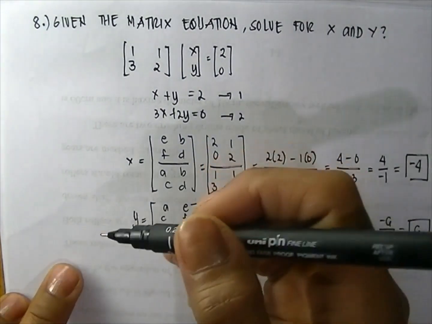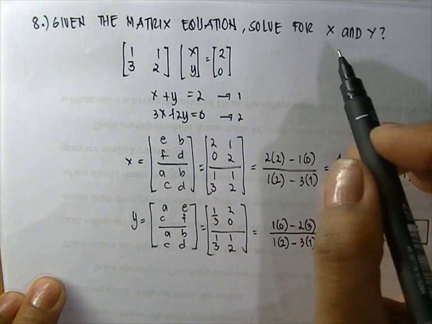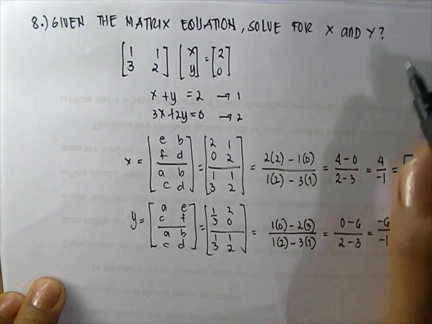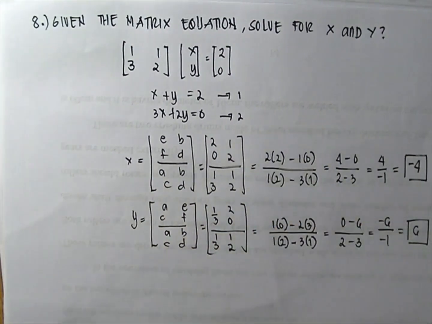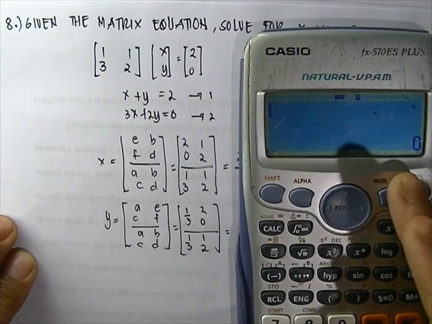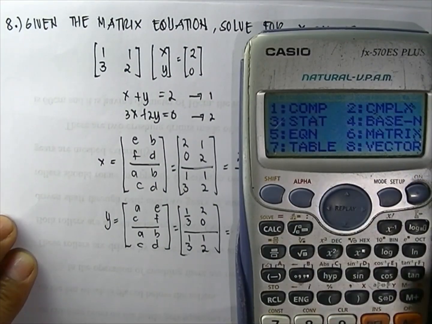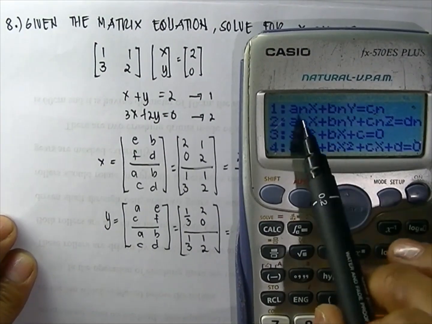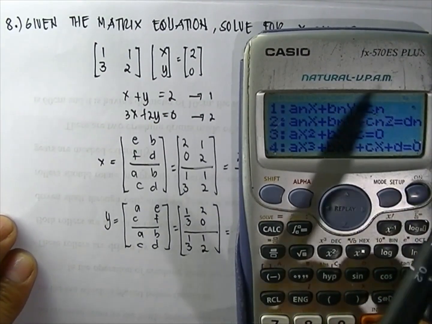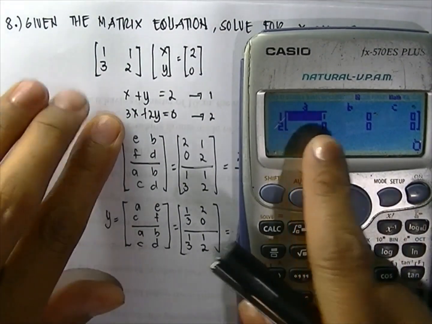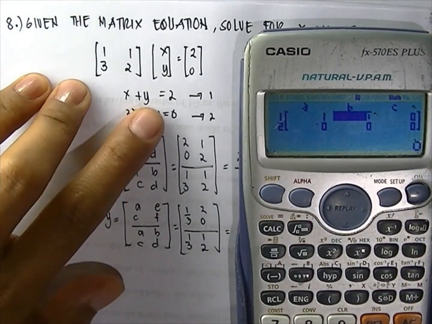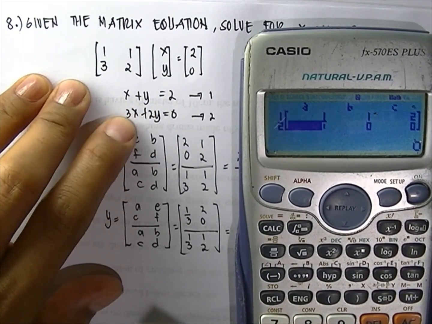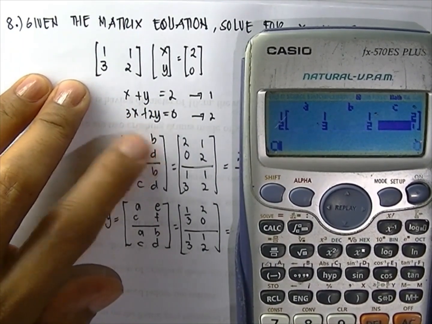And another way in solving the value of x and y is using the calculator in a simple way. So we have mode equation, 5 for equation with 2 unknowns, therefore 1. So input the values, we have 1, 1, 2, and 3, 2, and 0.